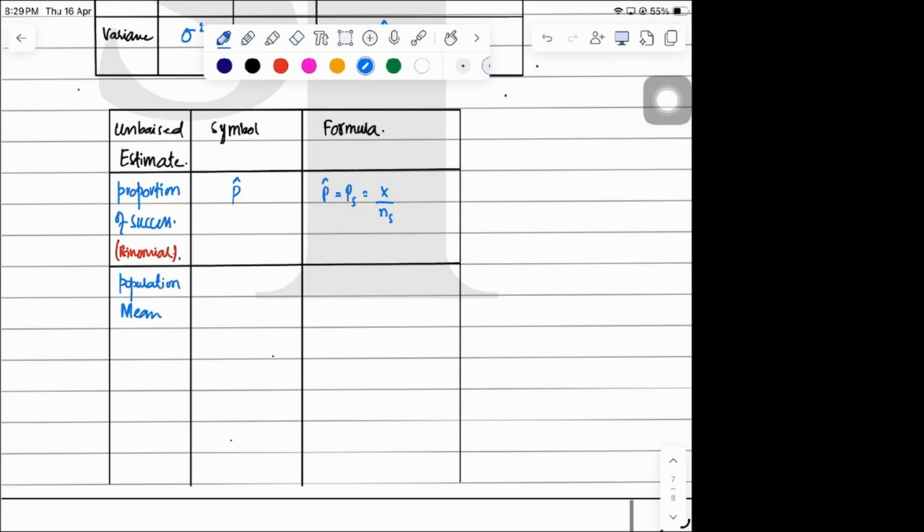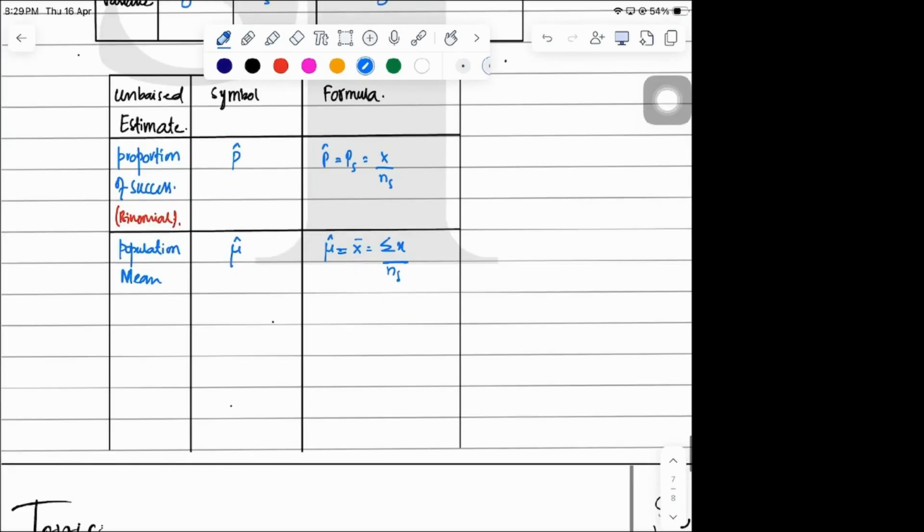The population mean will be mu, which is exactly equal to x bar, and that is sigma x over ns. Ns means the size of the sample.